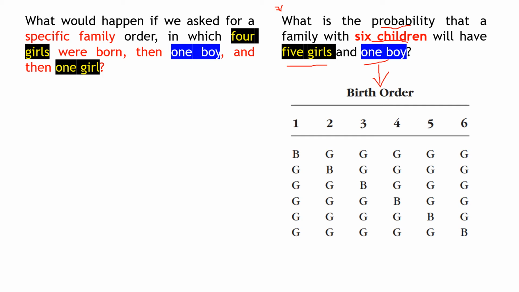The order could be this one, or this one, or this one, or this one. So it looks like you can calculate the probability for this one, for this one, for this one, and for this one, and then you will have to add them together.